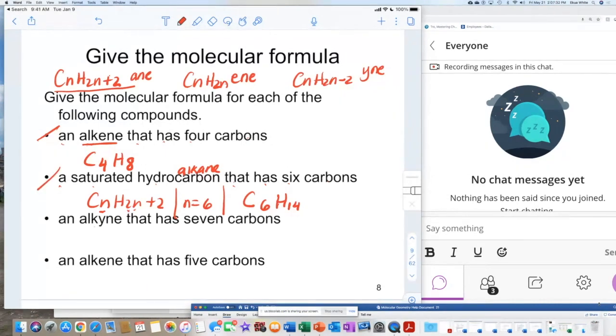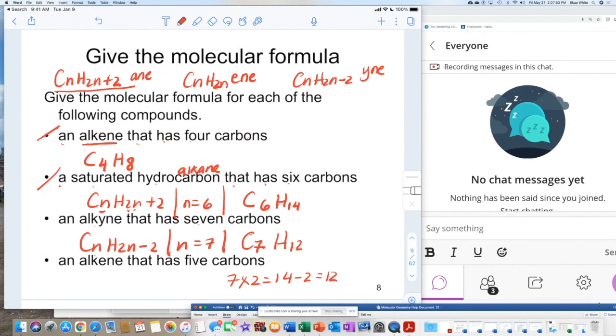An alkyne that has 7 carbons. So we're dealing with this alkyne, CnH2n minus 2. Now, N is 7, right? So C7H, 7 times 2 is 14, minus 2 is 12.